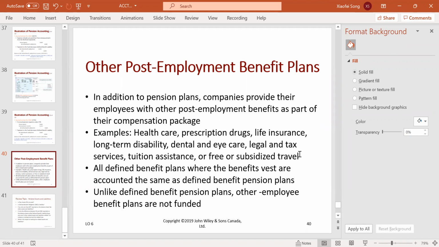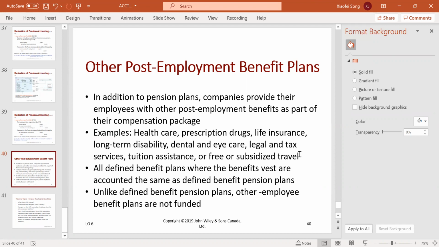Like a pension plan, these benefits are earned while employees are employed, and the benefit will be received when the employee retires.